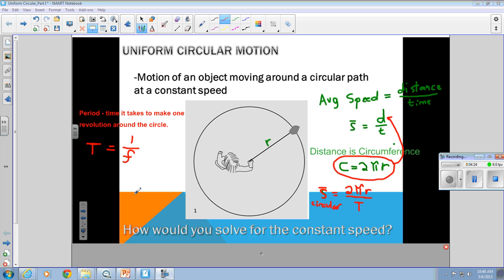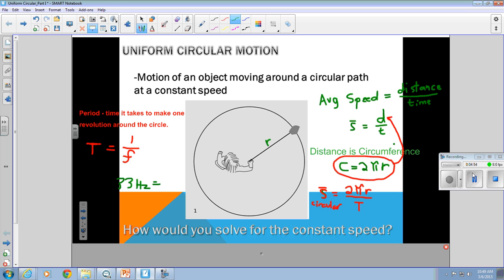And just briefly, frequency you've probably heard given in units of hertz. So if I had something spinning around at 33 hertz, a hertz is a unit of 1 over seconds, seconds to the negative 1.